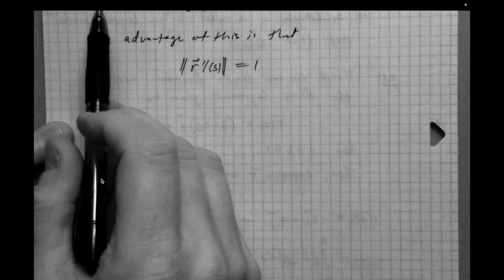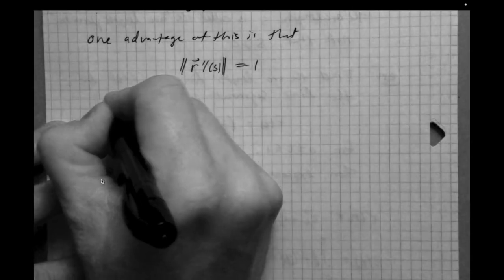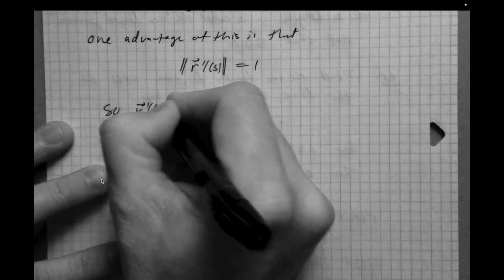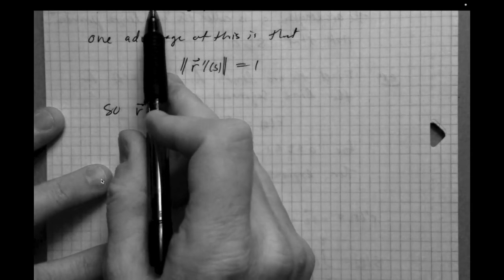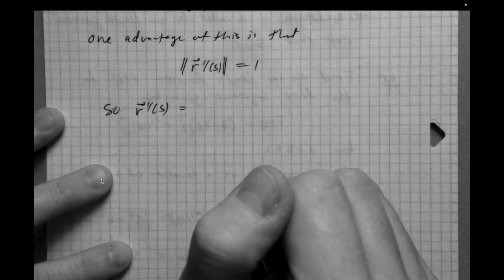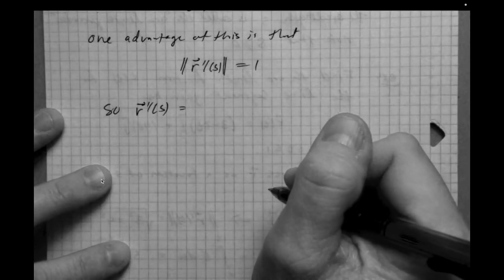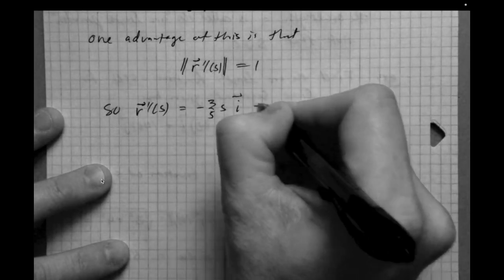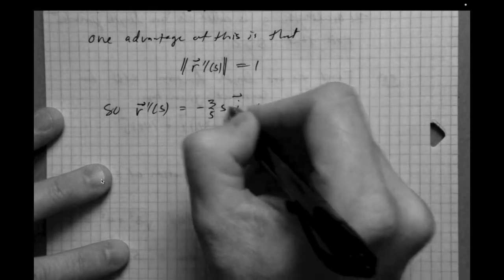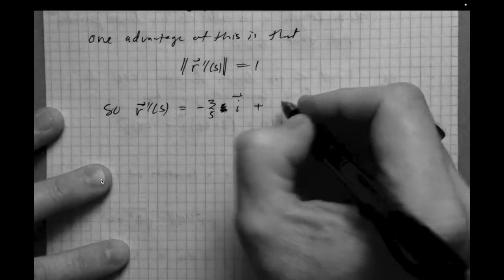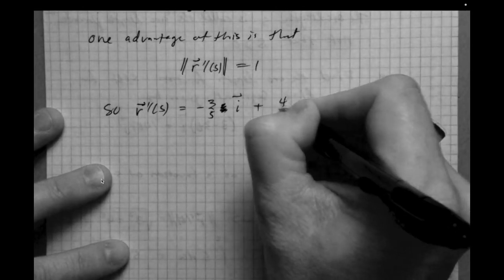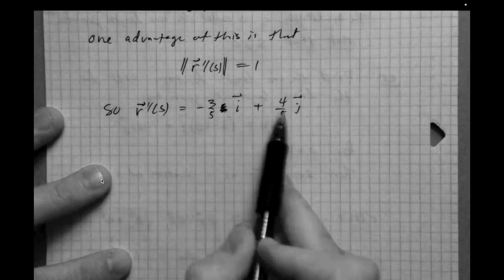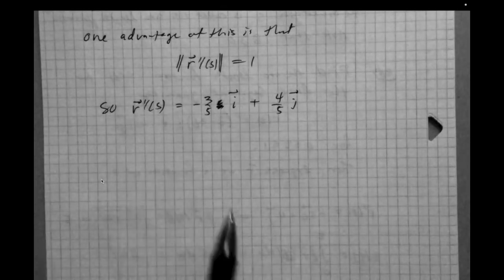But just to confirm this, let's take the norm of this derivative. If we differentiate r of s, we get r prime of s equals negative 3/5 i plus 4/5 j.